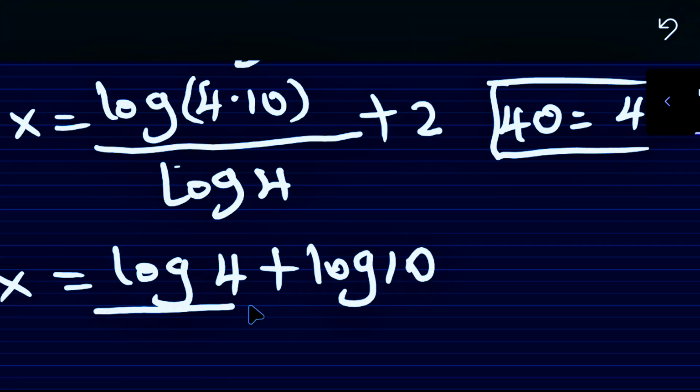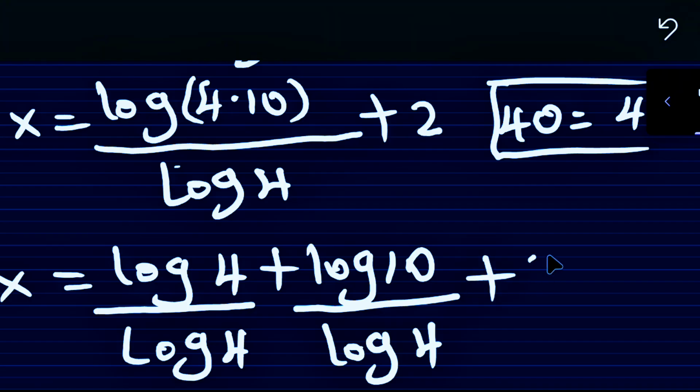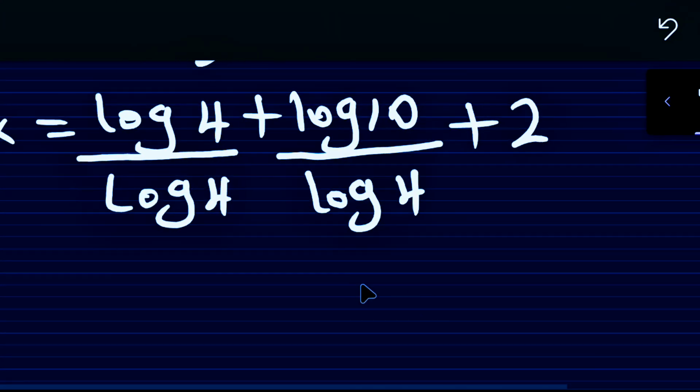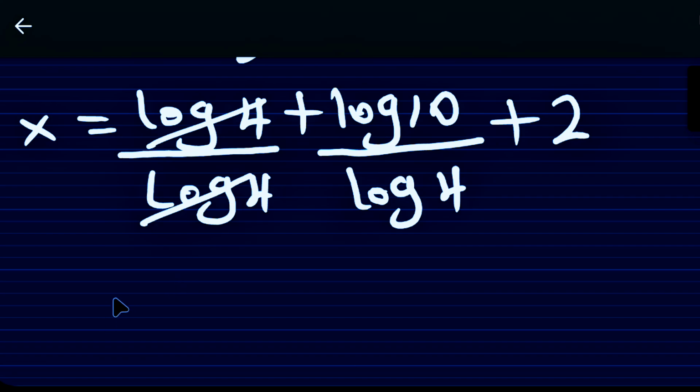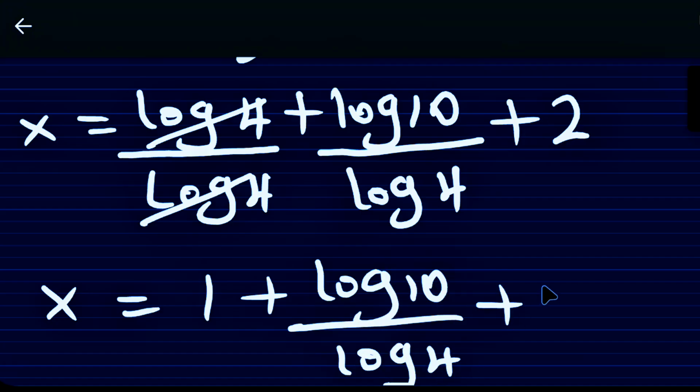We are going to divide this by log 4 because they have a common denominator, and this will be divided by log 4 as well, then plus 2. Over here, this log 4 will divide this log 4 and we'll have 1. So x equals 1 plus log 10 divided by log 4 plus 2.